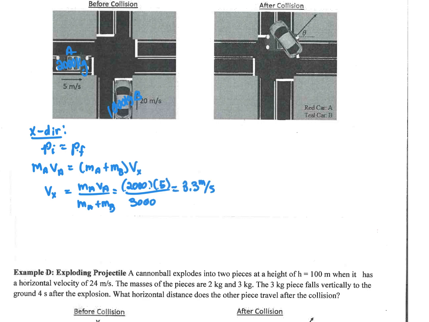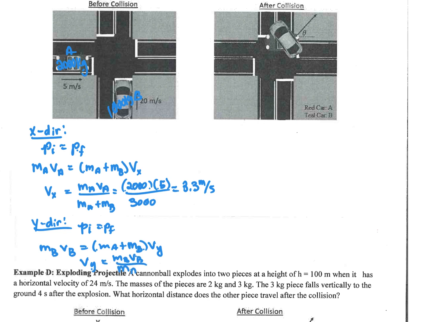Now, y direction. In the y direction, if we take P initial equals P final, we only have the mass of B times the velocity of B, but we still have this combined mass of A plus mass of B times velocity in the y direction. So again, velocity in the y direction is going to be mass of B, velocity of B, divided by the total mass.